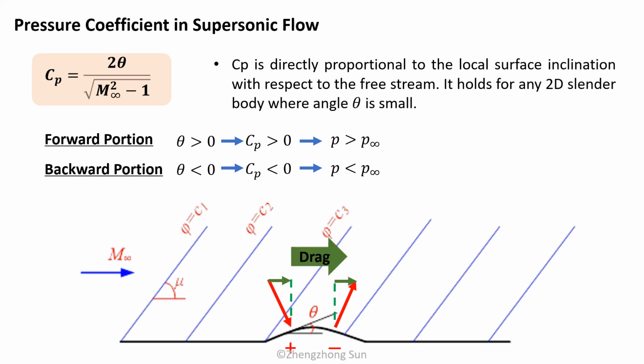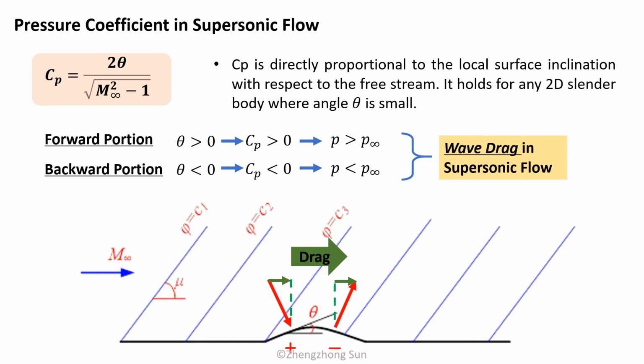So there is drag. This is how we get drag in the supersonic flow, although we assume the flow is inviscid. This drag is associated with the Mach waves, and we call it the wave drag. This is very unique in the supersonic flow.